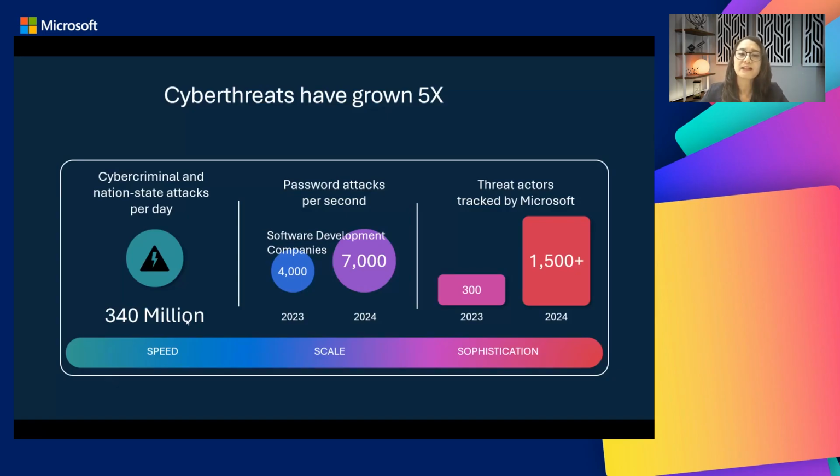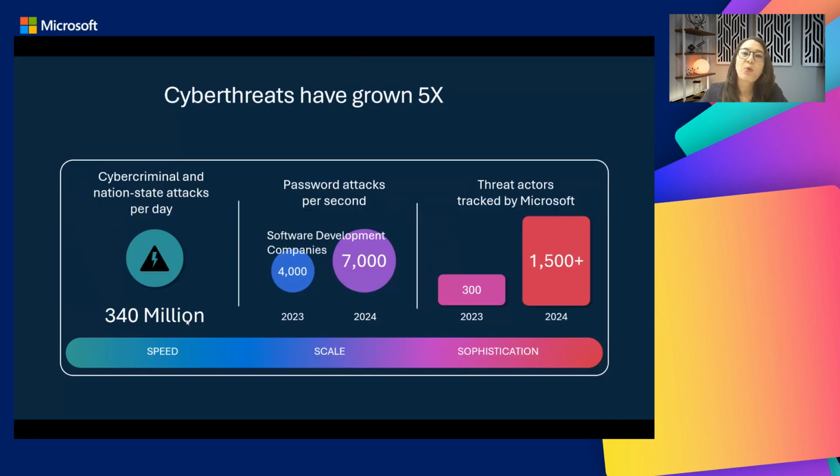Password attacks have surged, climbing from 4,000 per second in 2023 to 7,000 per second in 2024, showcasing the sheer scale of the problem. Microsoft now tracks over 1,500 threat actors, a significant leap from 300 just in 2023, reflecting the growing sophistication of adversaries.